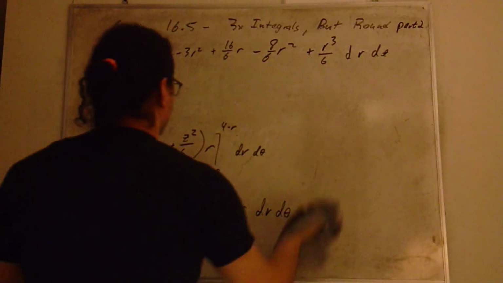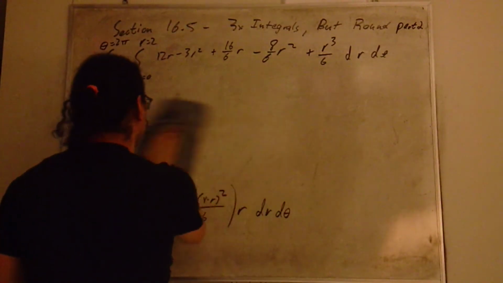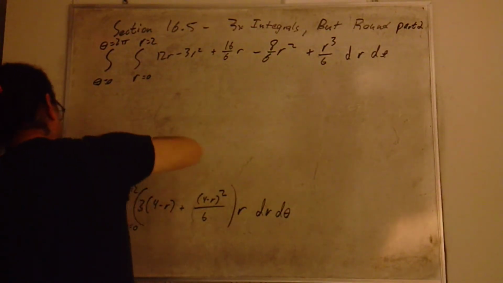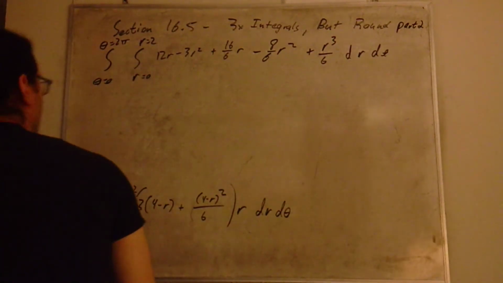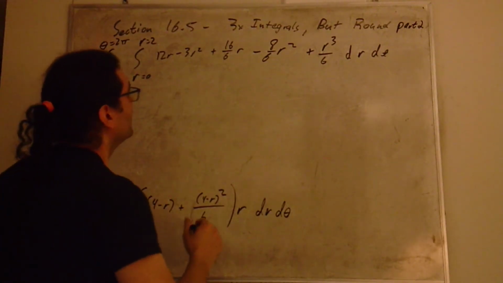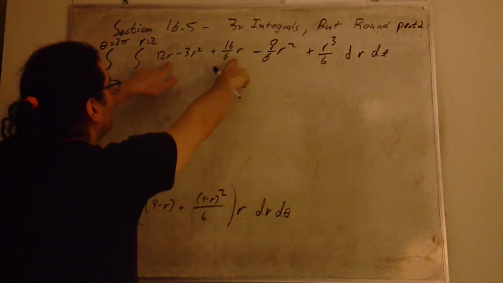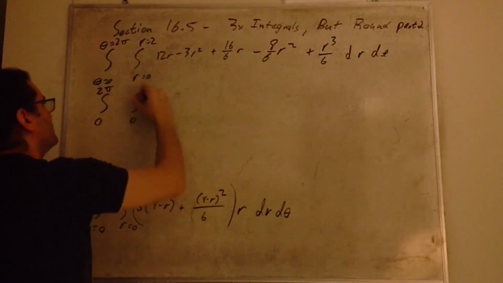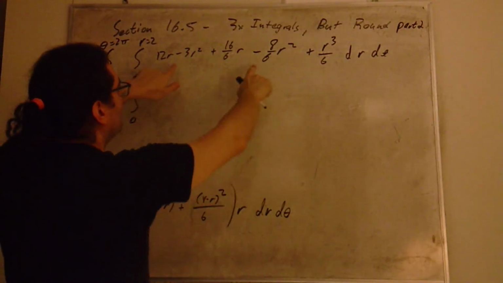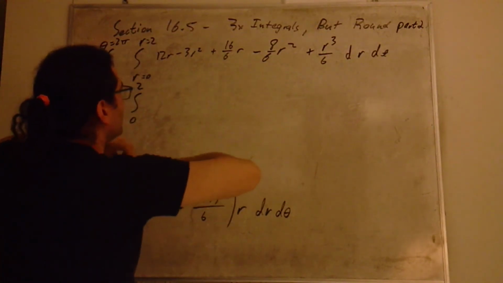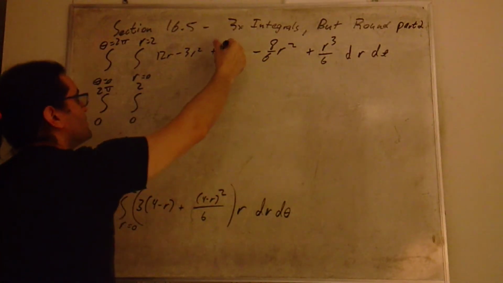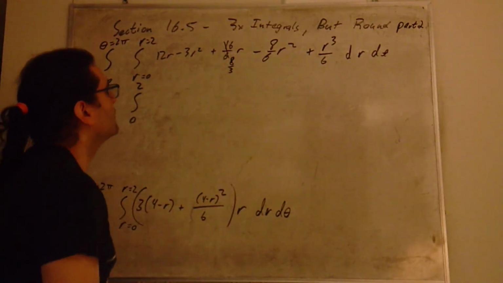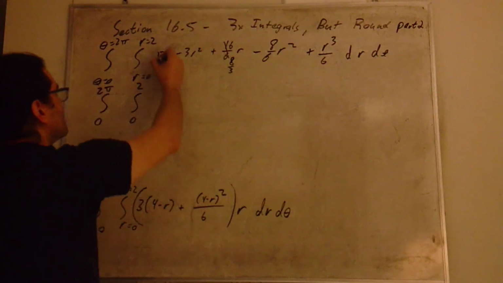And let me simplify that one more time by combining like terms. And then we can integrate a second time. Okay, so we're still going from 0 to 2 pi, and we're going from 0 to 2 up here. 12r plus, this is 8 thirds. So this is 36 thirds.